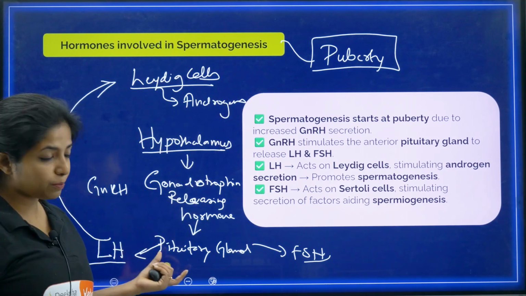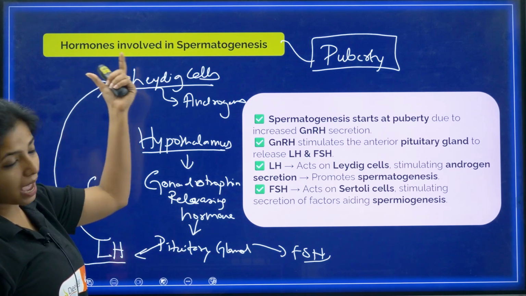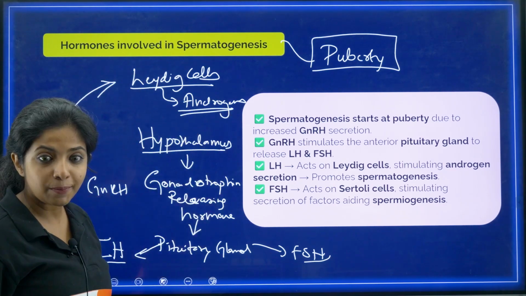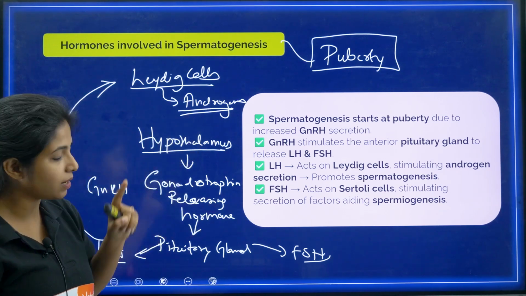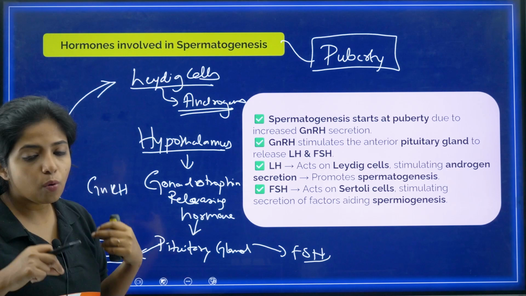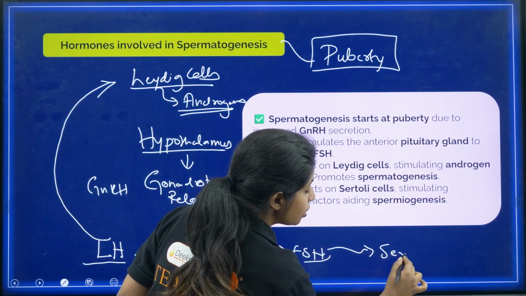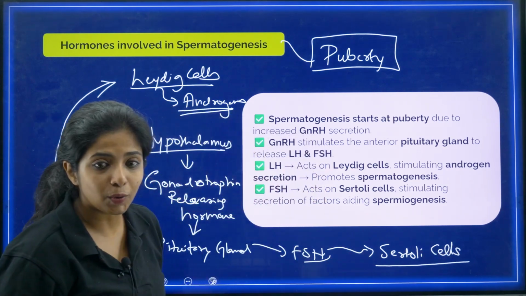Androgens. So the pituitary gland releases luteinizing hormone, which acts on the Leydig cells, and the Leydig cells would now be releasing androgens. Now I told you, for the process of spermatogenesis, you need androgens. So androgens are ready. Now what about follicle stimulating hormone? Follicle stimulating hormone will go act on Sertoli cells.